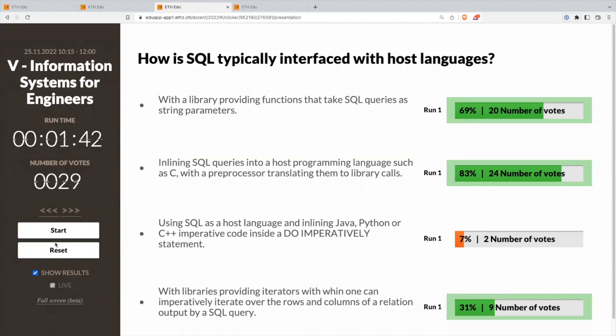So there are libraries where you just put SQL in a string and then call a function with that SQL query in a string. With caution, I told you about SQL injection attacks, that you have to be careful with where the string comes from, particularly if you directly copy paste from what you got from the visitors of the website. Then you can inline SQL queries into a host programming language, and then you directly have SQL syntactically within the language.